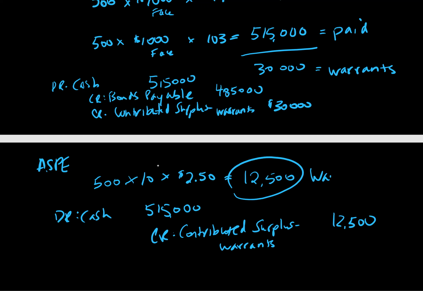This is the warrant. And then the remainder is going to go to the bond payable. So the balancing entry, 515 minus 12,500, means that our bond payable is going to be recorded at 502,500. So that's one policy choice under ASPI.